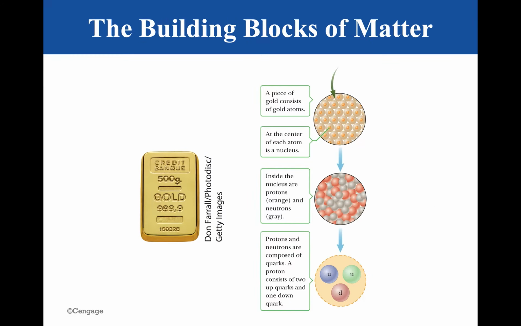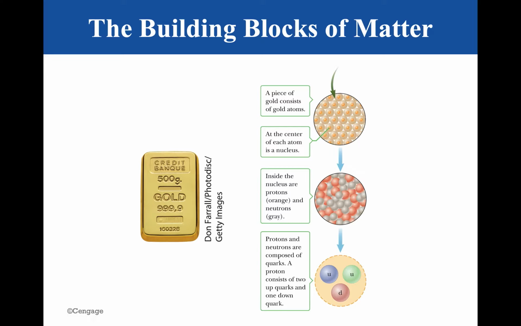Okay? Now, just for a quick review, in chemistry you went over the structure of matter, probably down to the atom, and you basically know that an object consists of individual units that we call atoms, which consist of a nucleus that has protons and neutrons in it.